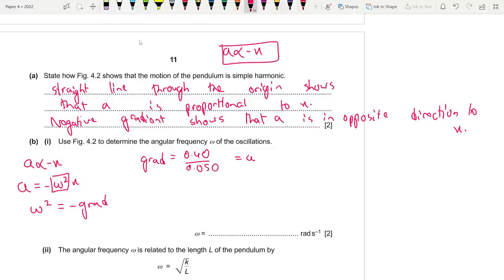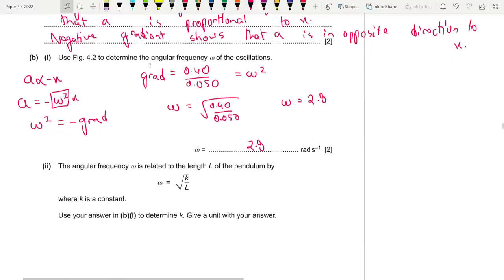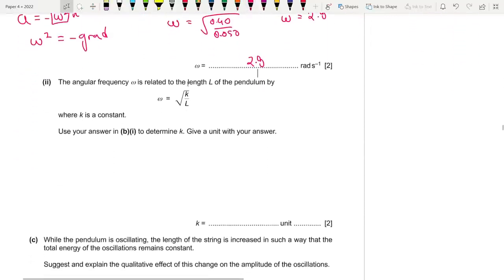This is basically equal to omega square. So omega is equal to root over 0.40 by 0.050. So 0.4, 0.05, root over answer, 2 root 2. Omega equals 2 root 2. We can't write that. We need to write it to 2 SF. So that's 2.8.